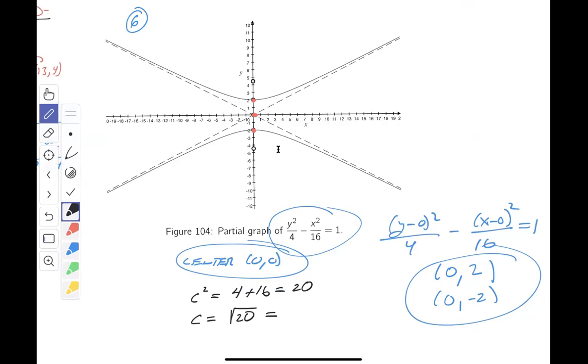Or if you prefer, which some people do, to simplify that, it would be 4 times 5, so 2 root 5. What do we have to do? We have to go in from the center. When I go in from the center 2 root 5, where would I get? 0, 2 root 5.